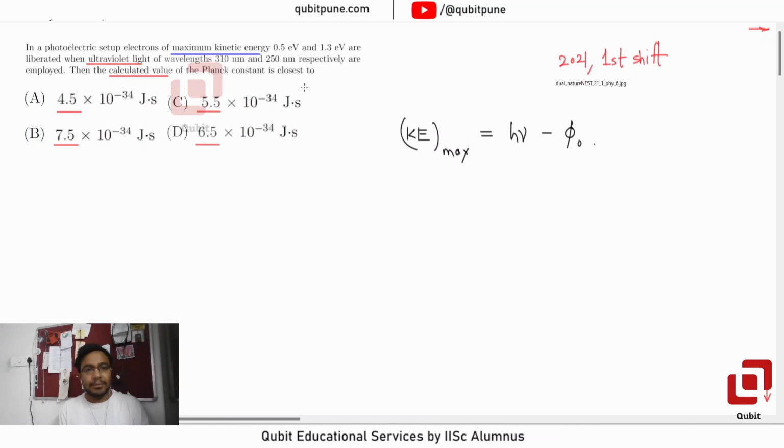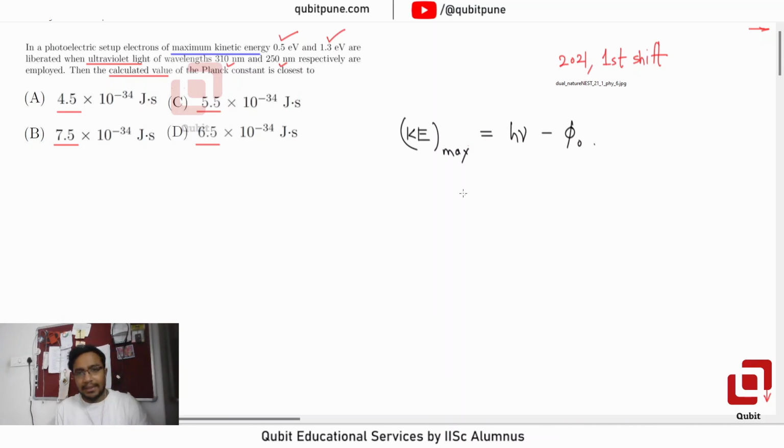Correct? Now we have got two values for the maximum kinetic energy, right? And we have also got two corresponding values of wavelengths.